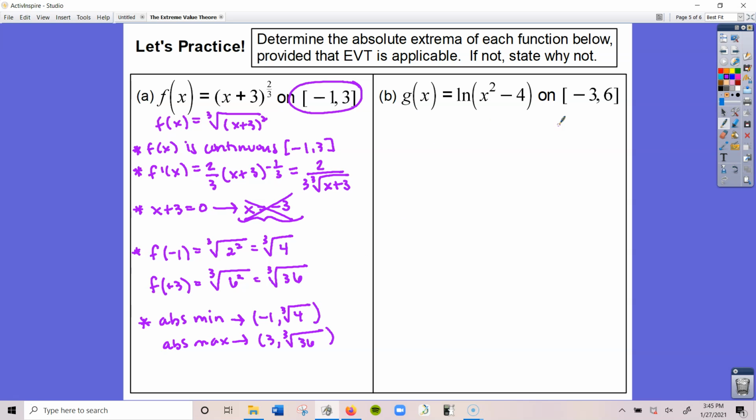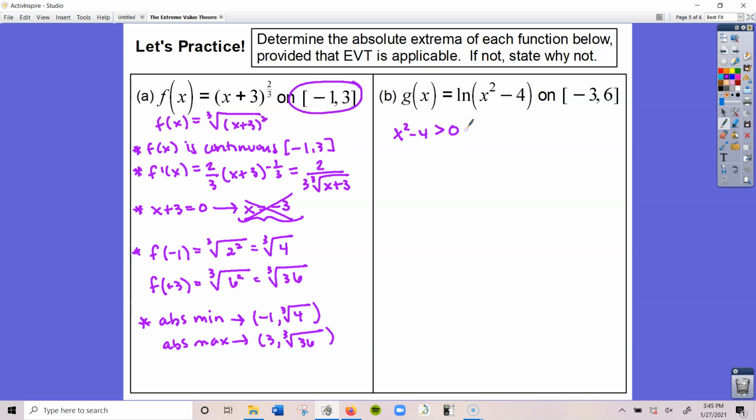Now let's look at this question. We have g of x is equal to the ln of x squared minus 4 on the interval negative 3 to 6. So first we have to establish, is this even continuous? Keeping in mind that this is an ln function, we take x squared minus 4, and it has to be greater than 0.